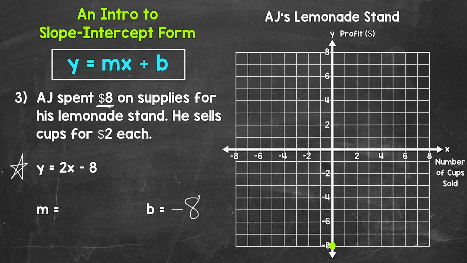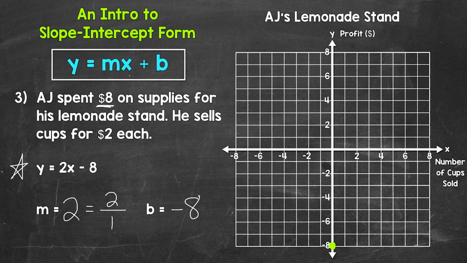Now let's move on to slope. So what's our slope? Well, 2. We have 2x. So m equals 2. And I'm going to rewrite this in fractional form. And all we need to do is put 2 over 1. So our rise is 2 and our run is 1. So here, the number of cups sold is going to determine how much money AJ makes.